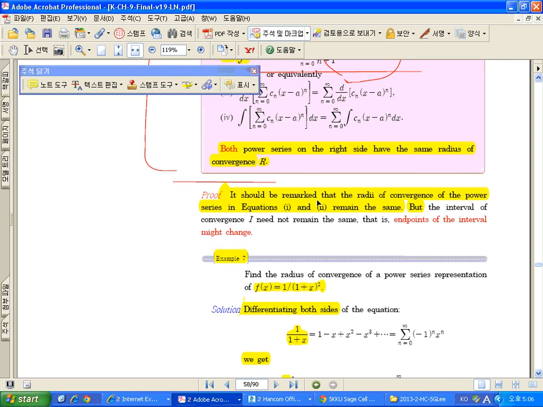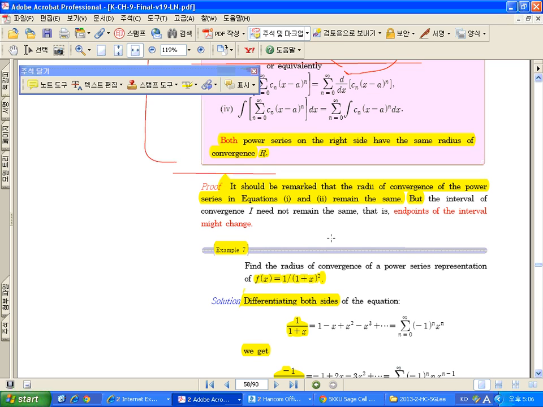Okay, it should be remarked that the radii of convergence of the power series in equations 1 and 2 remain the same. But the interval of convergence need not remain the same. That is, the endpoints of the interval might change.